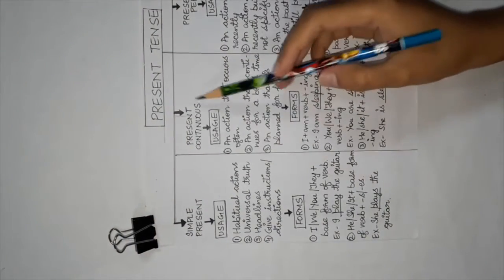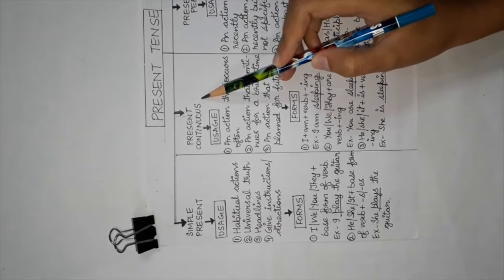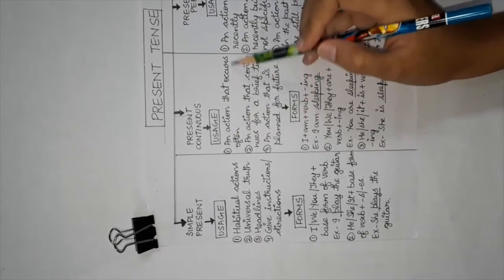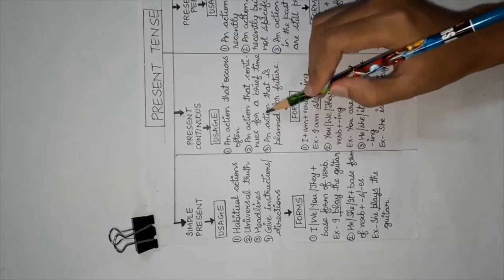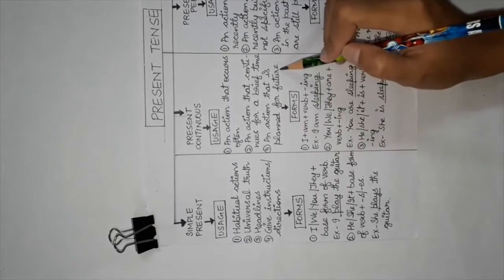Next we have present continuous tense. The present continuous tense is used for actions which are taking place at the time of speaking. Its usages are: an action that occurs often, an action that continues for a brief time, or an action that is planned for the future.